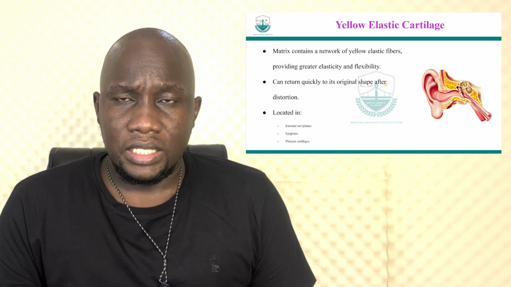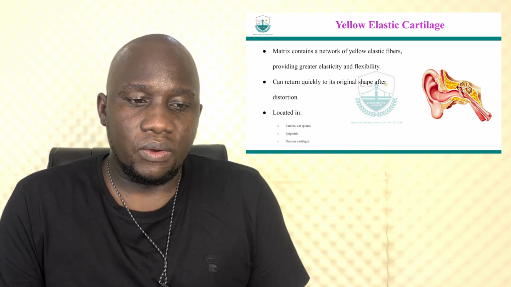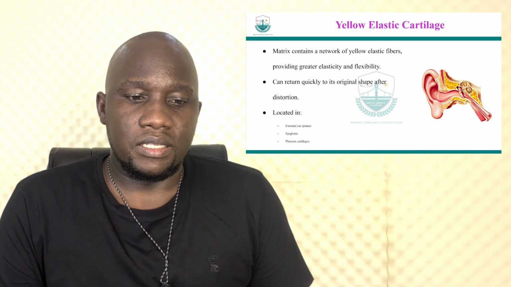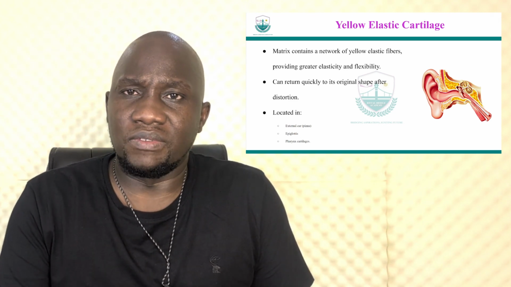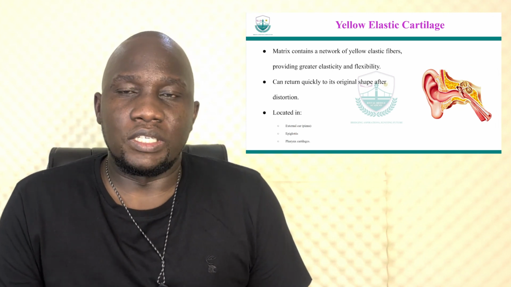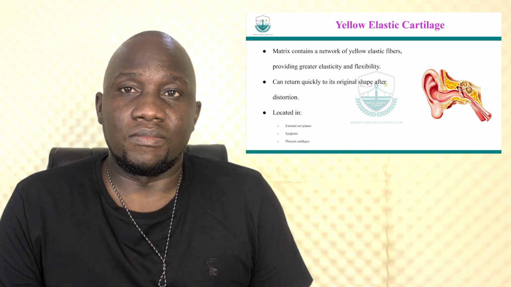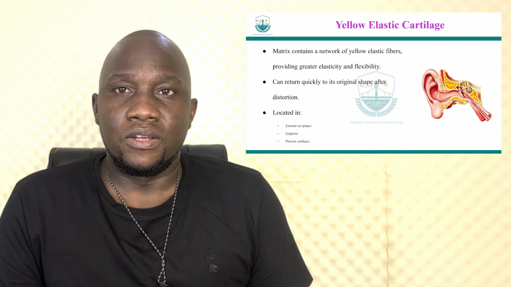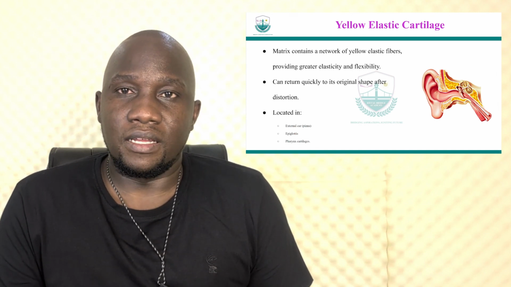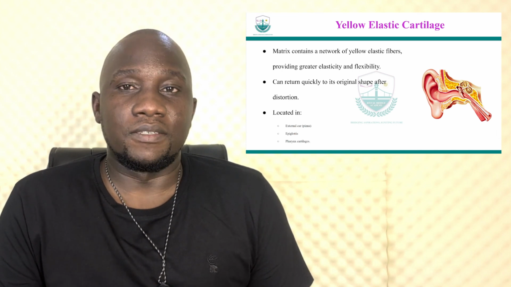Like we said earlier, elastic cartilage, or yellow elastic cartilage, is elastic and stretchable. It's not very strong. It is the yellow elastic fibers that give this cartilage that elasticity and flexibility. Your pinna, the outer ear, is made up of this elastic cartilage.